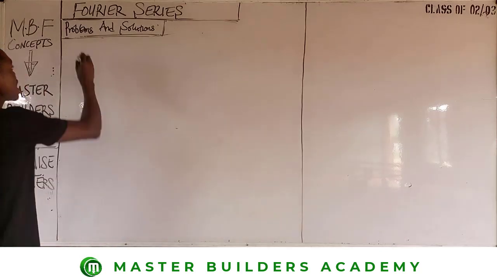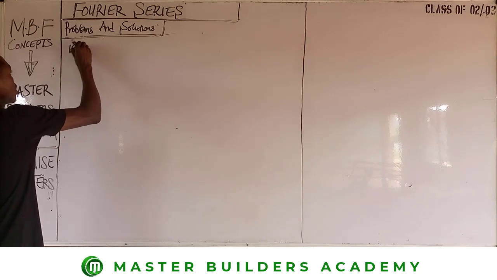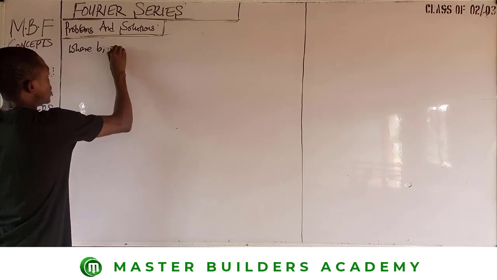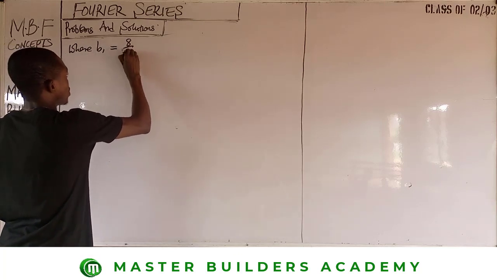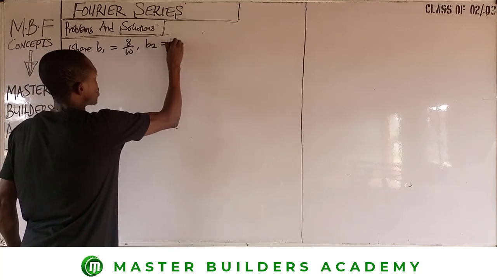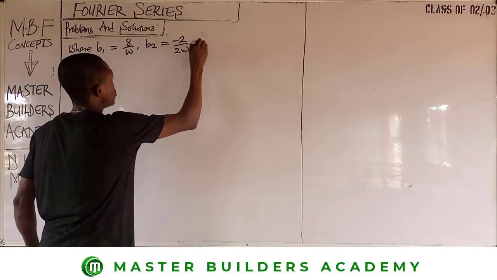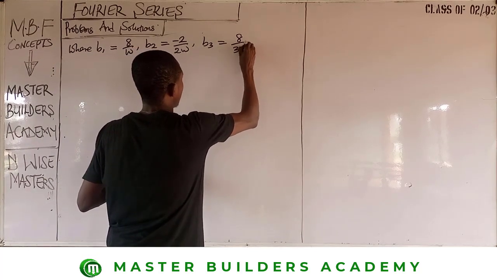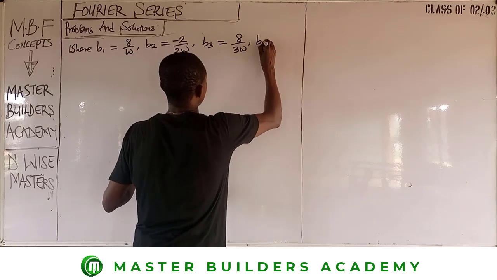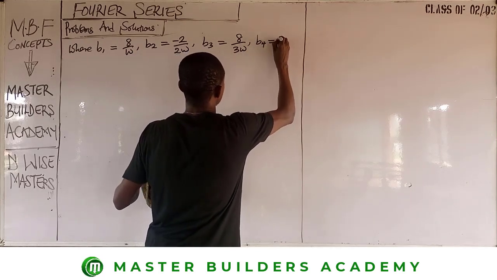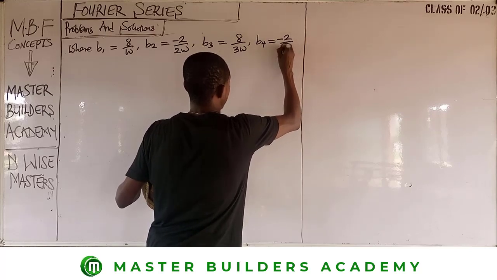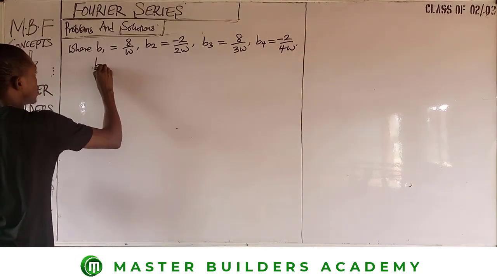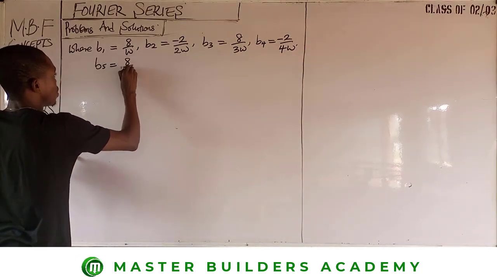Okay guys, now let's quickly state the values we have. Where b1 is equal to 8 over w, b2 is equal to negative 2 over 2w, b3 is equal to 8 over 3w, b4 is equal to negative 2 over 4w, and b5 is equal to 8 over 5w.